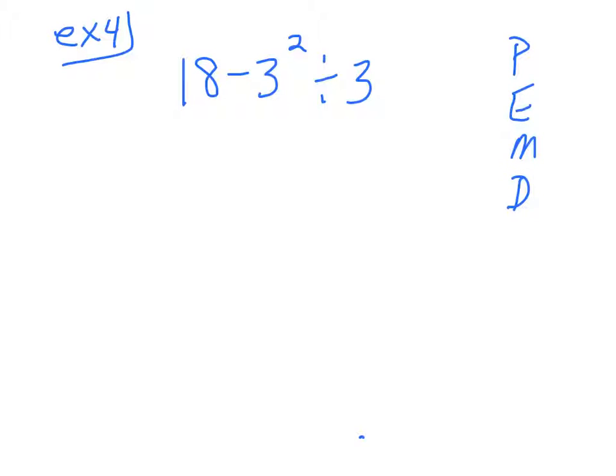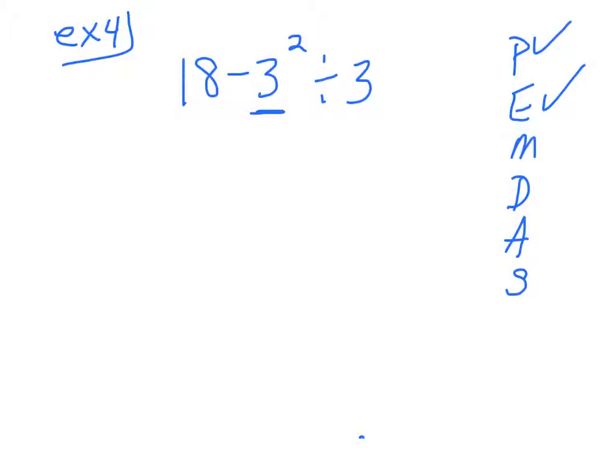All right, example 4. Let's try this guy. 18 minus 3 squared divided by 3. Let's try putting this here before we forget. Are there any parentheses in this problem? No, there's no parentheses. Do we have any exponents? Yes, we do.